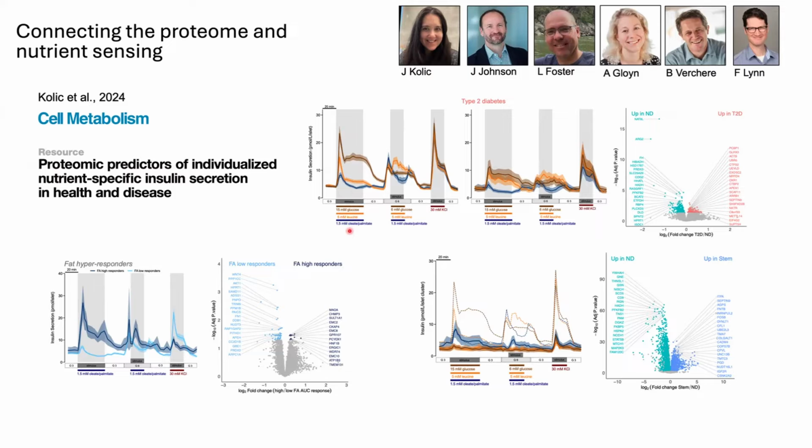And then they are correlating proteomic protein expression with secretory responses. Here I'm just showing non-diabetes and type 2, but if you look at the paper, there's all kinds of data linking, for example, insulin secretion response to fatty acids with the protein expression profiles of those donor islets.